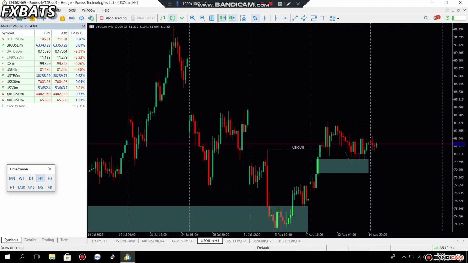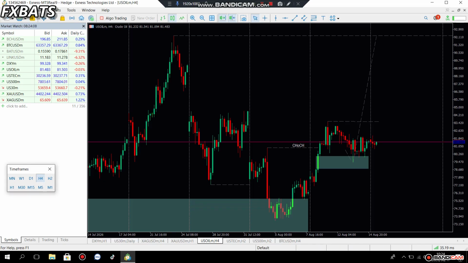This fair value gap is what we're now using to push price towards our draw on liquidity, which we saw on our monthly time frame. All this will be our internal range liquidity. The first target will be this area of imbalance, ultimately to this draw on liquidity. So this is what I had for US oil.